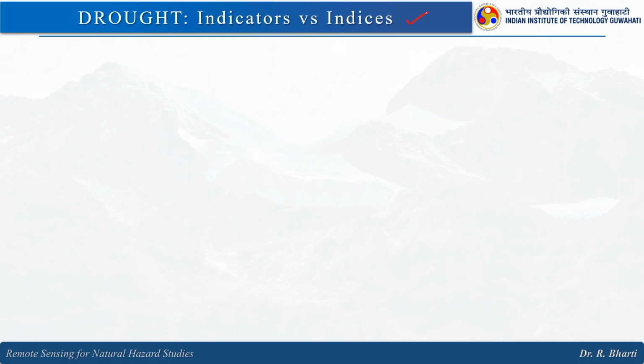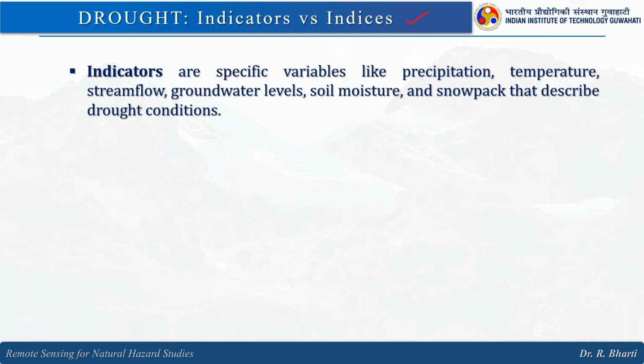Let us understand the drought indices and the parameters. The parameters that we discussed in the previous slide are the indicators. How are these two different from each other? Indices versus indicators.